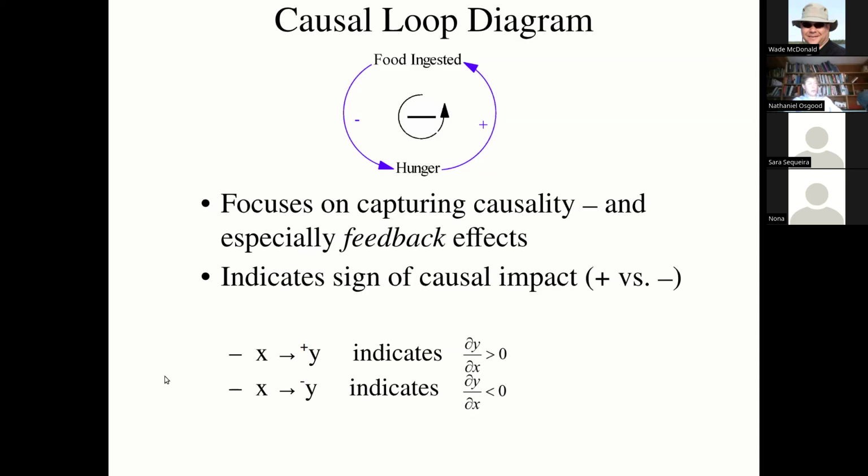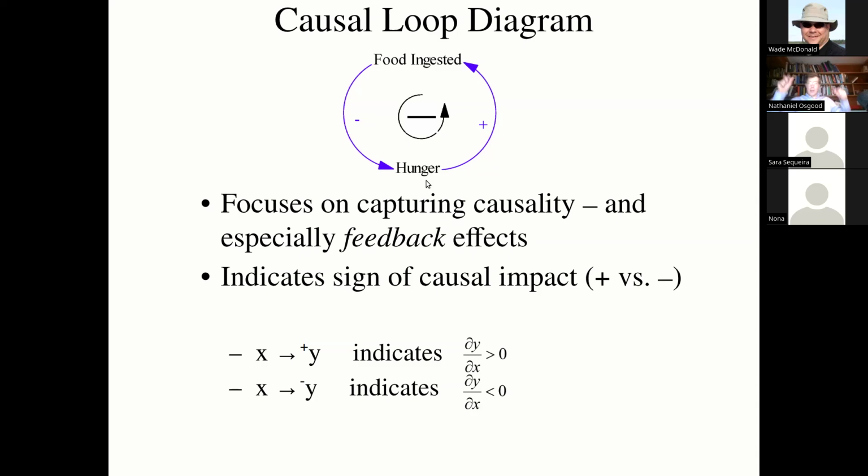Okay, I'm terribly sorry. So let's reboot this and talk about an arrow from A to B here. An arrow from hunger to food ingested associated with a plus means that if A, here hunger, goes up, food ingested tends to go up compared to the value it otherwise would have had if hunger hadn't gone up.